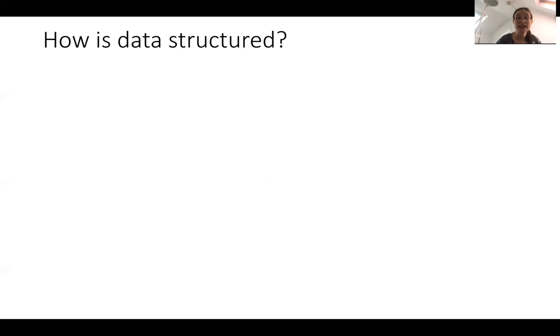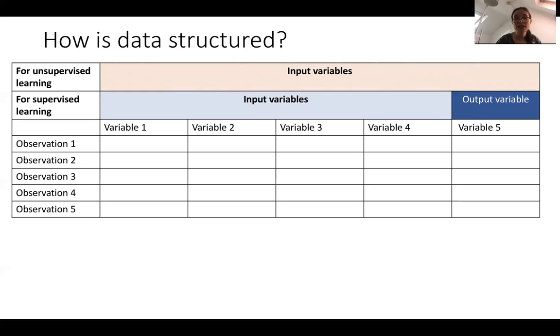Before we end today, I would like to briefly discuss how I'm imagining the data to be structured for the remainder of the course. I imagine that you've put your data into a table that looks something like this. Each row represents an observation.